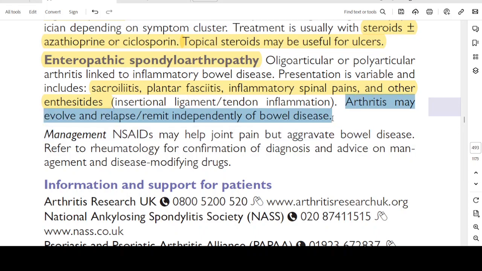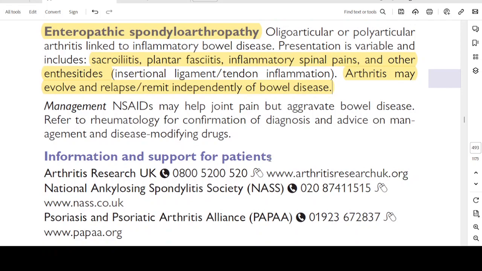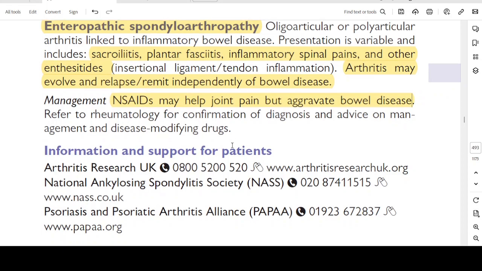So the arthritis in inflammatory bowel disease is independent of the disease activity. Management: NSAIDs may help joint pains but may aggravate bowel disease in inflammatory bowel disease. So refer to rheumatology for confirmation of diagnosis and advice on management and disease-modifying drugs.